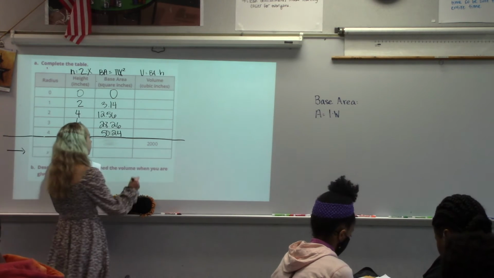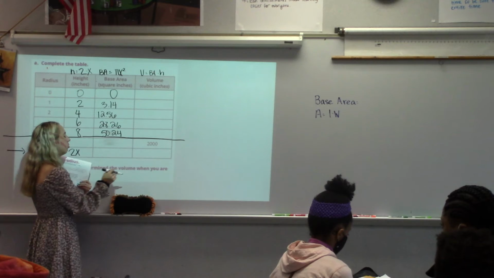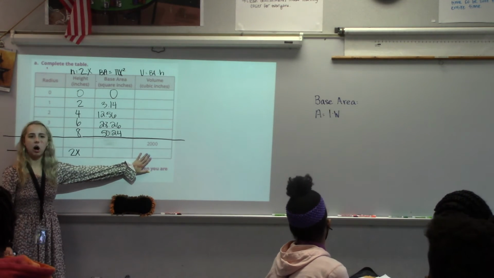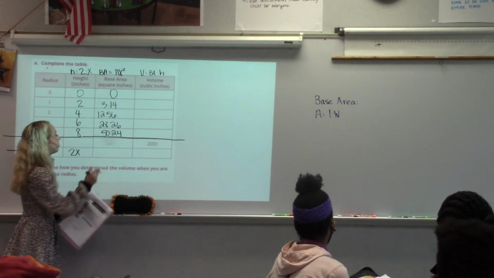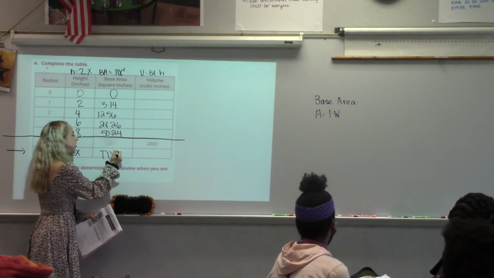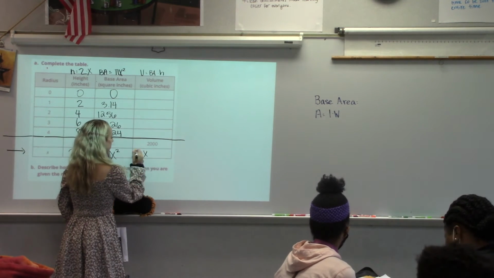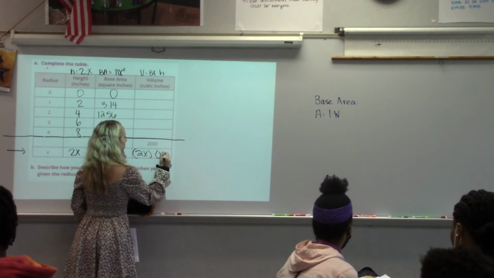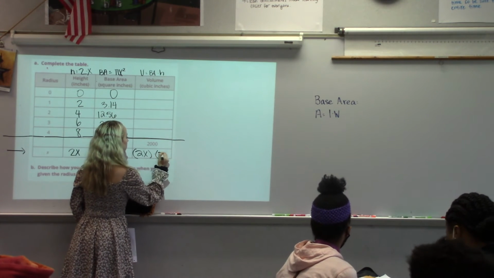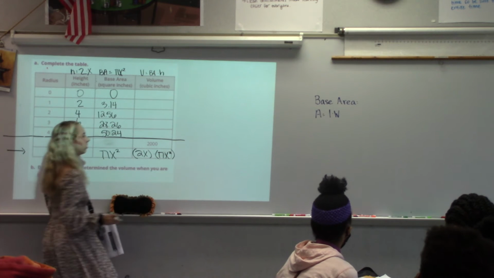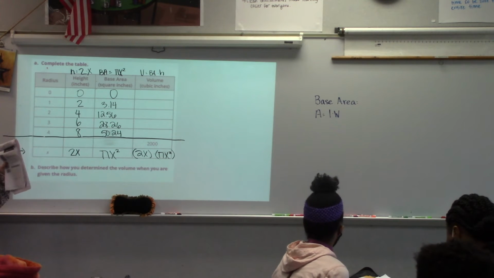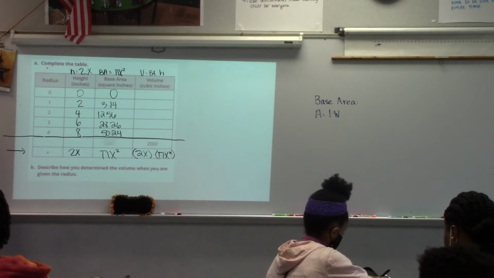So it would be what's going in this box. Because if this is going to be pi x squared, it's 2x times pi x squared. Okay, so do you guys see where this came from?